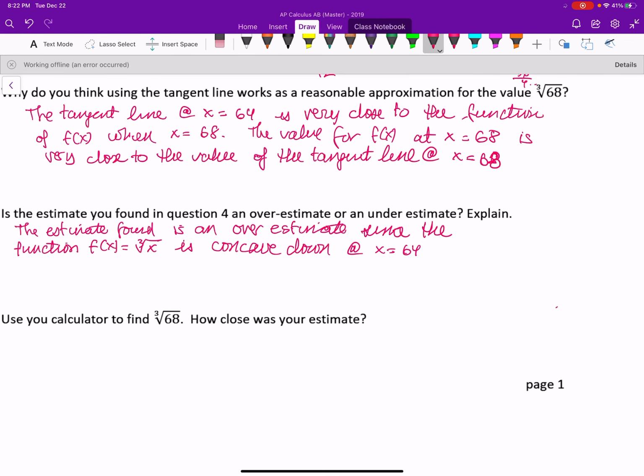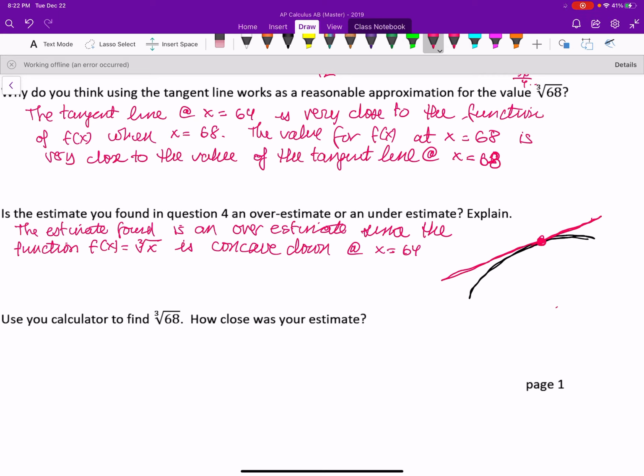Concave down just means it curves down. So the function looks like this. It curves downwards. And then if I draw in the tangent line here, I'm trying to make it a little more explicit so you can see it. So the tangent line is here.